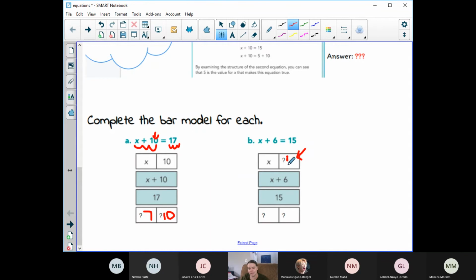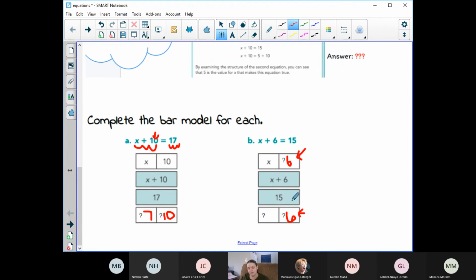Right, because x plus 6 equals 15. Here's my x plus 6, here's my 15. What goes in this bottom right box right here? What am I going to bring down? Okay.